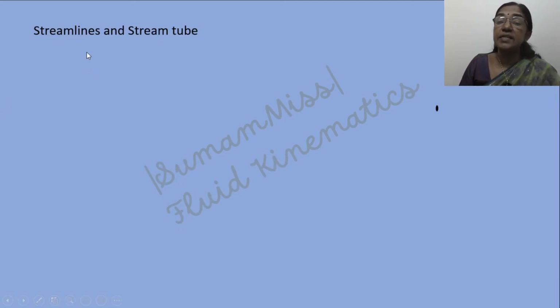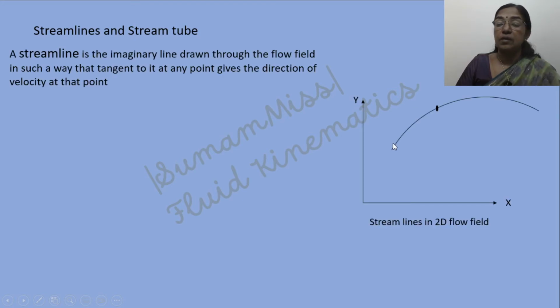Streamline is the imaginary line or curve which we can draw in the flow field in such a way that the tangent at any point on the line gives the direction of the velocity at that point. Let us consider a point in a two-dimensional fluid flow. This curve represents the streamline, and this is a point on the streamline.